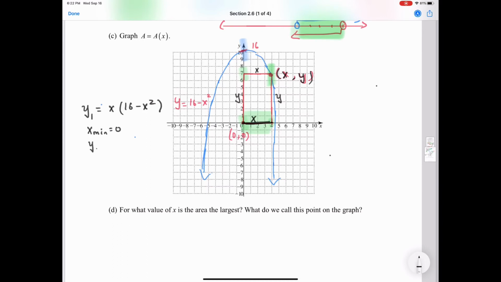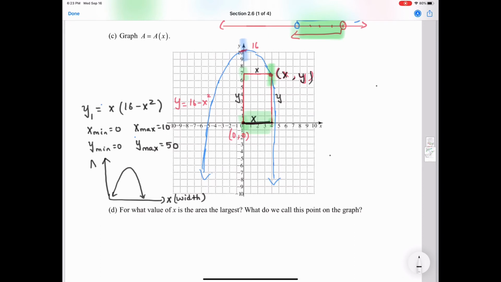Just plug in y1 equals x times 16 minus x squared. Hit graph. Now keep your window x minimum 0, y minimum 0, x maximum, I kept it 10 in this case, and y max, keep it 50.